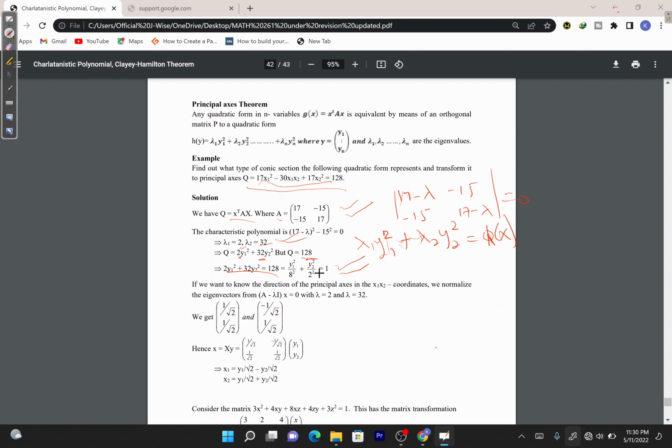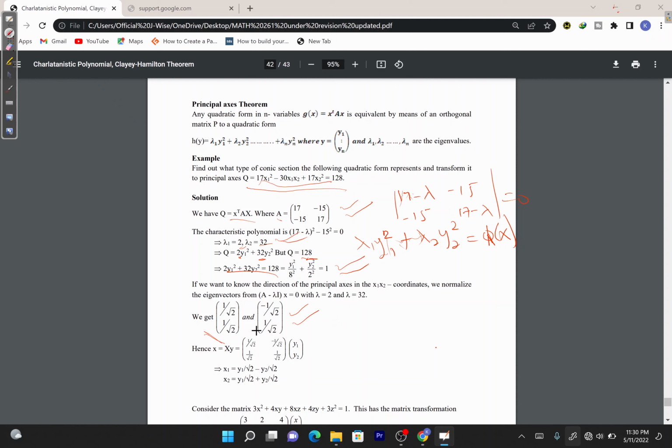Then we transform it to the principal axes. To do that, we find the normalized eigenvectors of A. The corresponding eigenvector of 2 is given by this, 1 over root 2, 1 over root 2. Then the eigenvector of 32 is given by that.